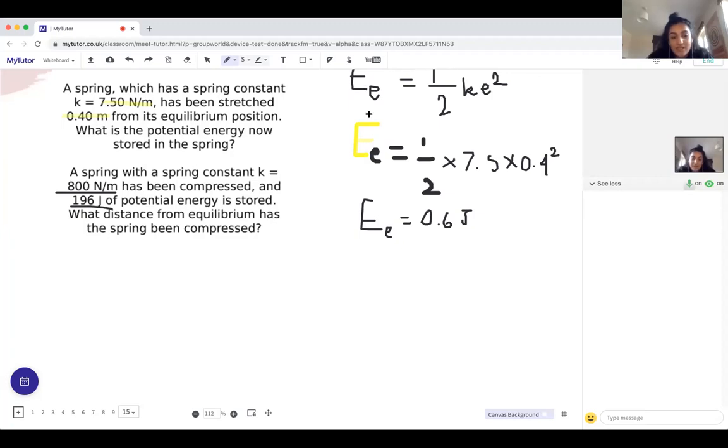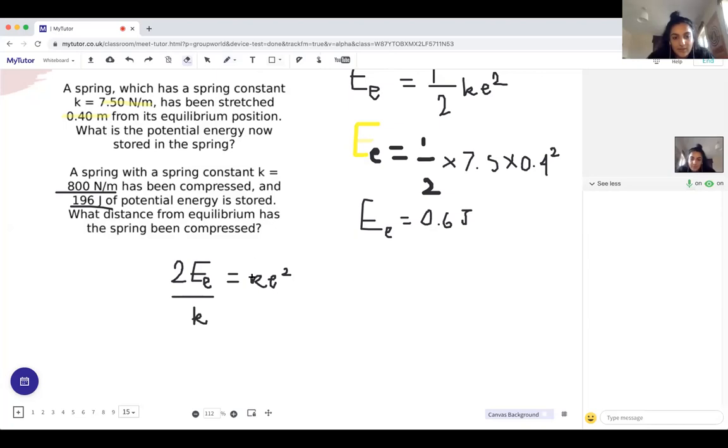It requires us rearranging for E. So we've been given E. Now we can times both sides of our equation by 2 to get 2E is KE squared. Okay, so I've just times both sides by 2. Then I'm going to divide both sides by K so that I get E squared.